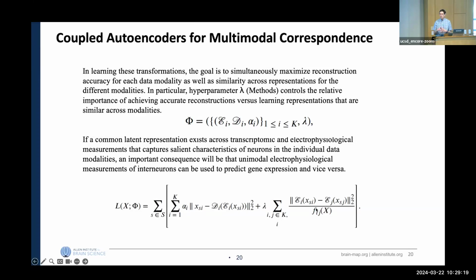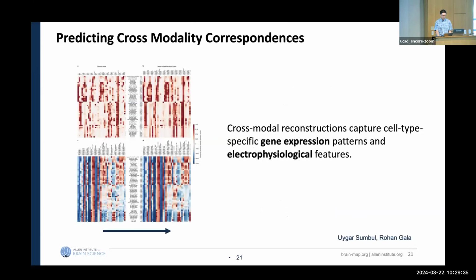Not an uncommon approach. And this has actually been quite powerful in understanding how well the electrophysiological data relates to and predicts the gene expression, and vice versa, okay?